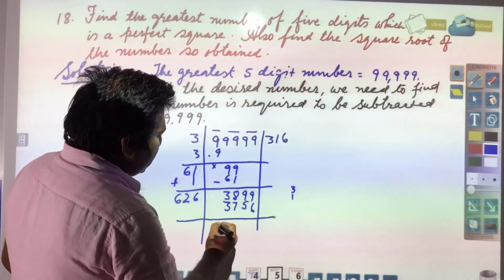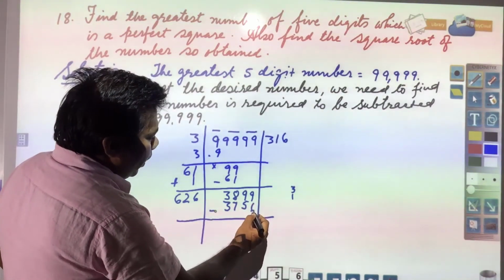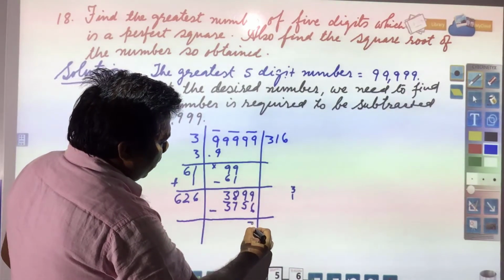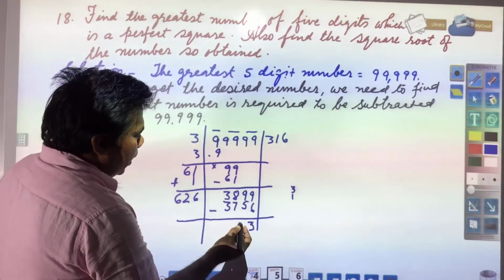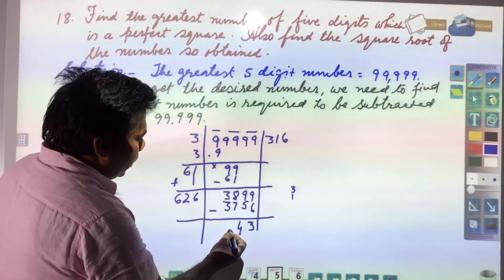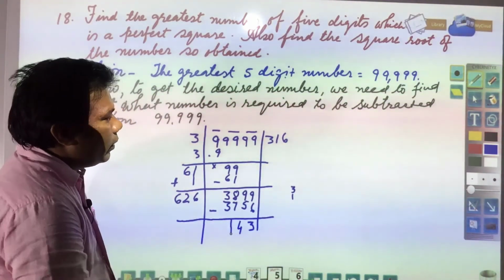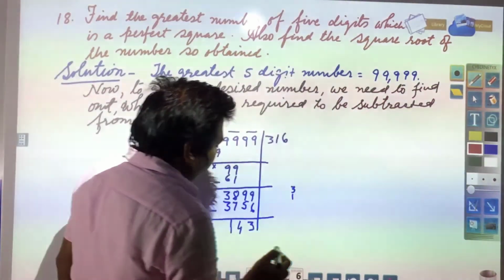You subtract this, what you will get? 9 minus 6 is 3, 9 minus 5 is 4, and 8 minus 7 is equal to 1. So 143 is the difference, and this is your remainder.